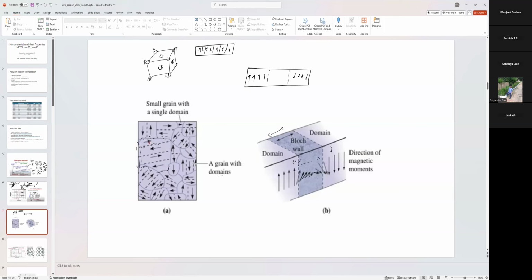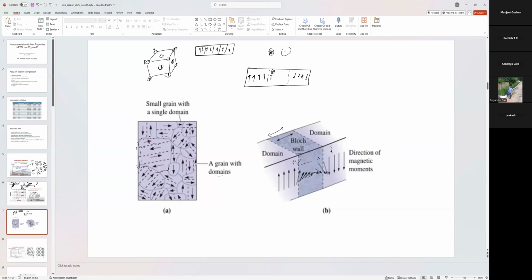While switching, these vectors are pointing out of the plane, like the dot and cross representation: the dot is an arrow pointing outside, and the cross is an arrow going inside. So they will go inside this plane.